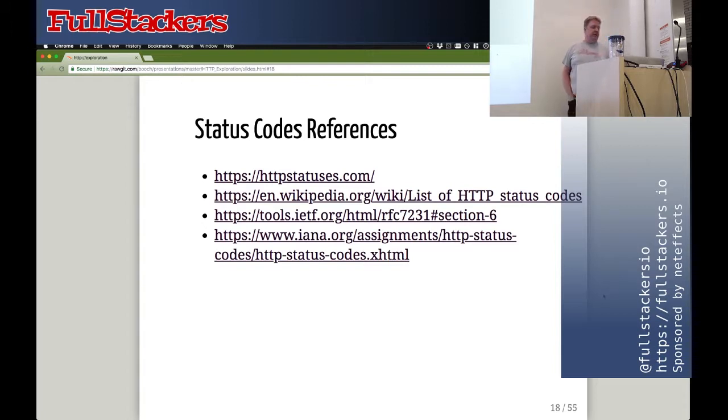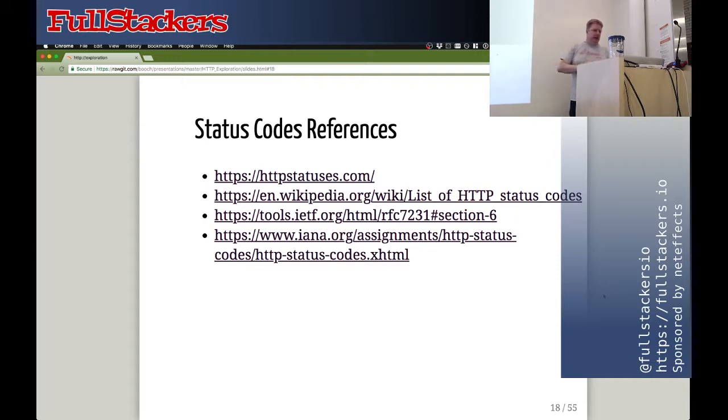So, some references to get more info on status codes. The Wikipedia page, as usual, is pretty thorough and has pretty good information. The last one is the IANA, which is the Internet Assigned Numbers Authority or something like that.